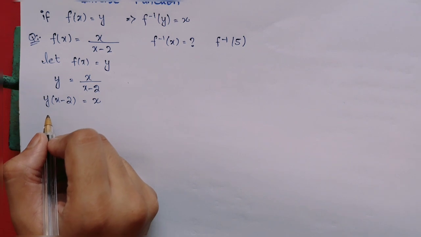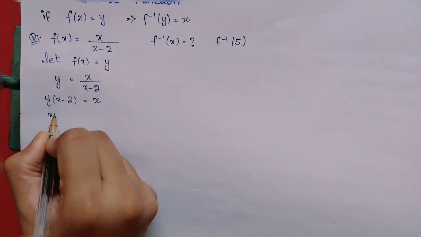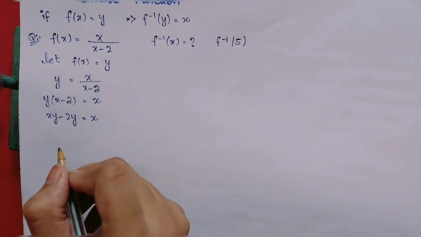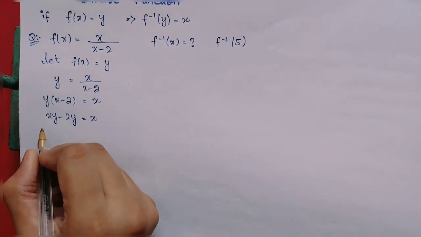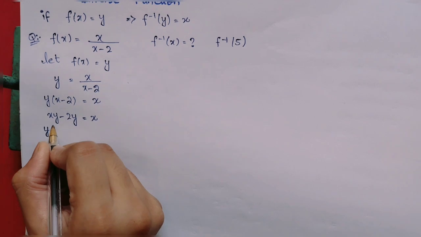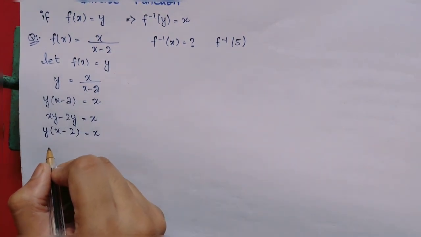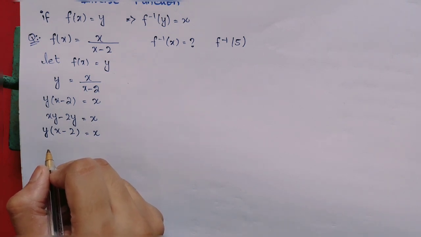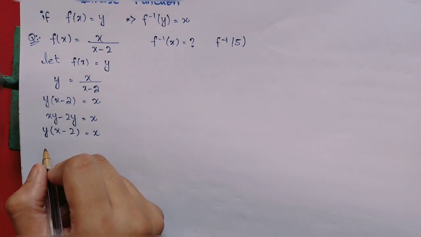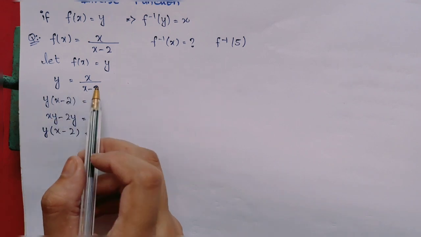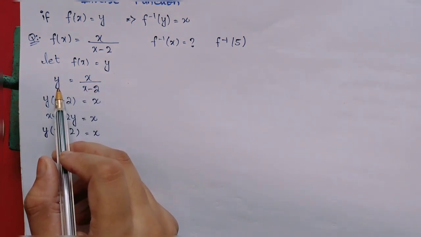It becomes xy minus 2y is equal to x, and what we will do, we say y is common, x minus 2 is equal to x, and what it becomes now, what we have to do, we have to make the equation in the form of y.